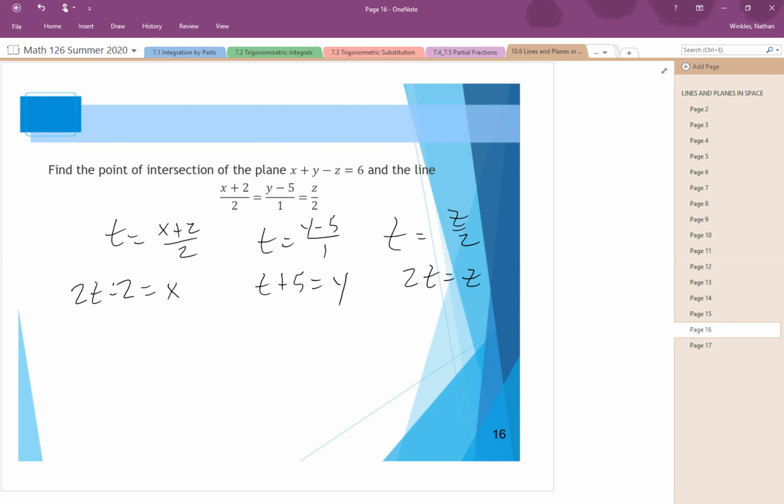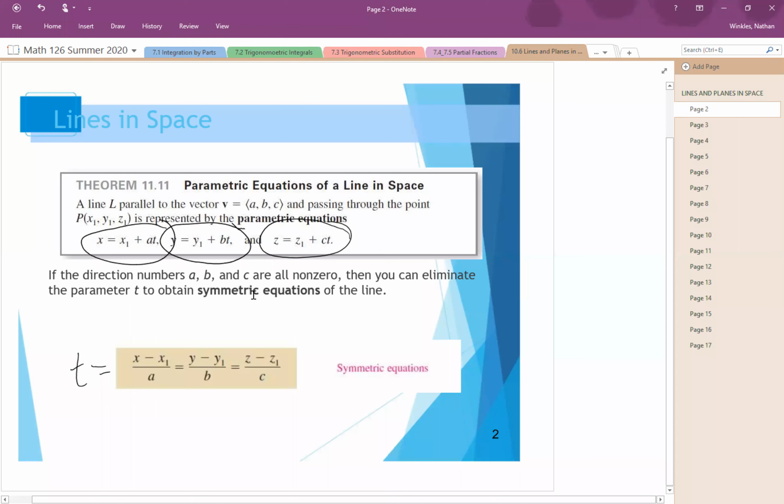If we remember back to our form, x equals x1 plus at, y equals y1 plus bt, and z equals z1 plus ct. So we know our vector v is our a, b, c, and our point P is our x1, y1, z1.